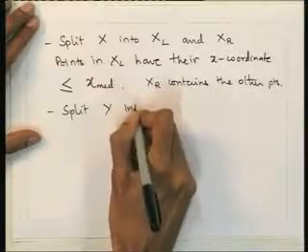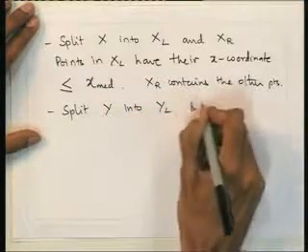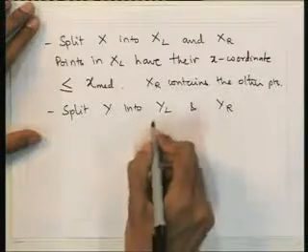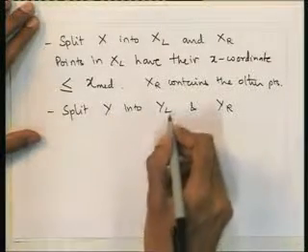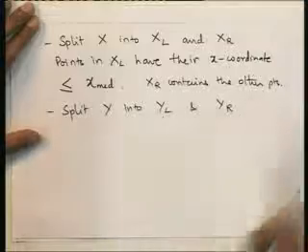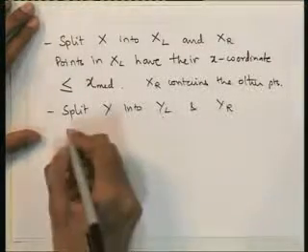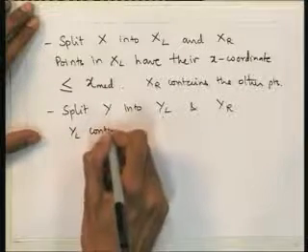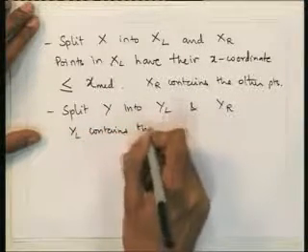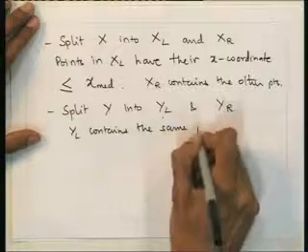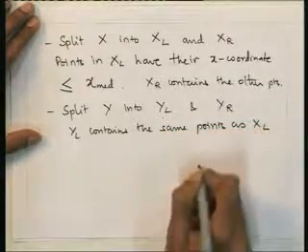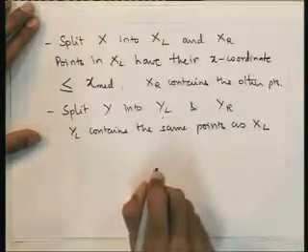Okay. Similarly, split y into YL and YR. Remember, y is sorted on y coordinates, so YL and YR will also be sorted on y coordinates. YL contains the same points as XL, only sorted in y coordinates.